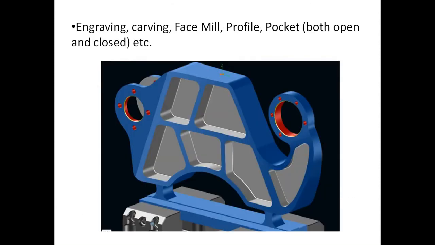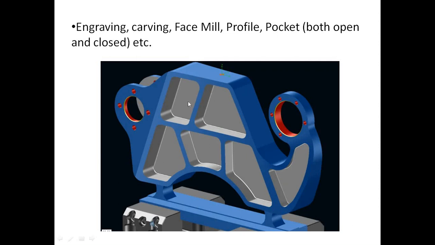We'll see some more things about 2.5D. Generally we observe this 2.5D modeling in computer aided manufacturing, that is CAM. For different operations like face milling, profile cutting, and pocket milling, these 2.5D models are used. In this picture you can observe such pockets created here.